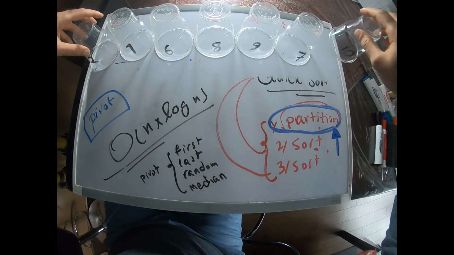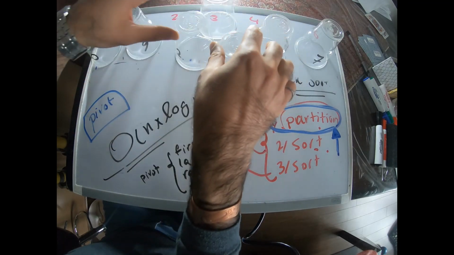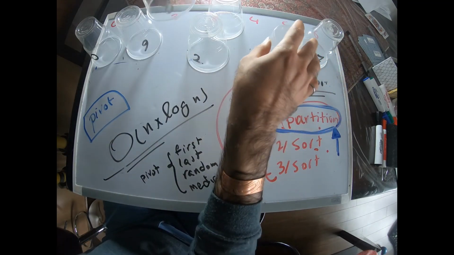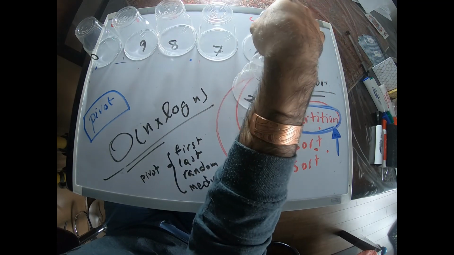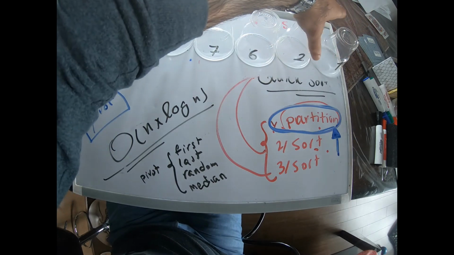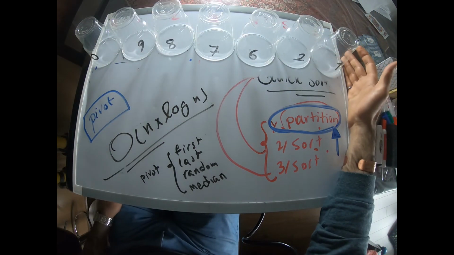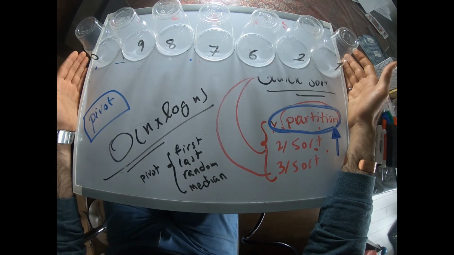In the worst case scenario, which is this case, when the array is reversely sorted, 7, 6, 2, 1, if you choose the last element or the first element as the pivot, this is going to cause a lot of problems, right?